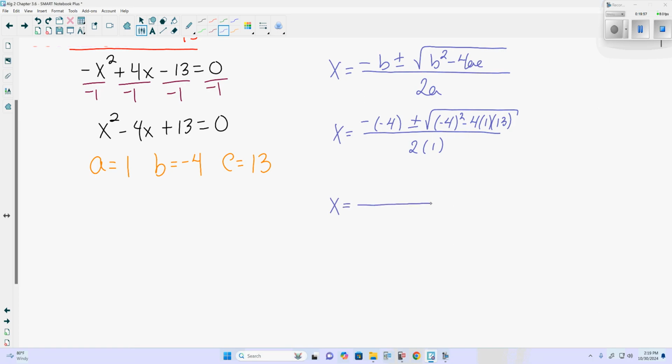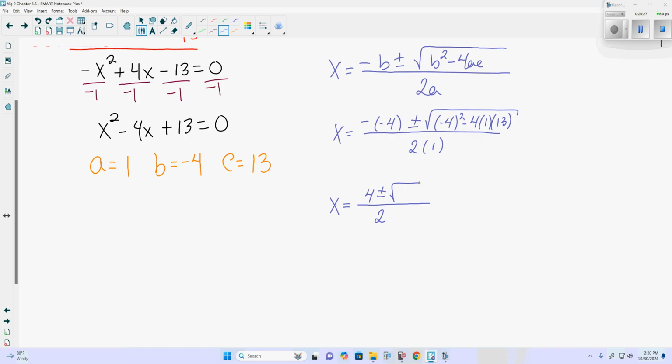Now at this point here we have -4, which is just 4. On the bottom of the fraction, 2 times 1 is 2. Well, there's a good chance we might have to simplify because 4 and the bottom 2 do have a common factor of 2. So if that radical, when we simplify it, has a common factor of 2 with it, we're going to have to simplify it as well.